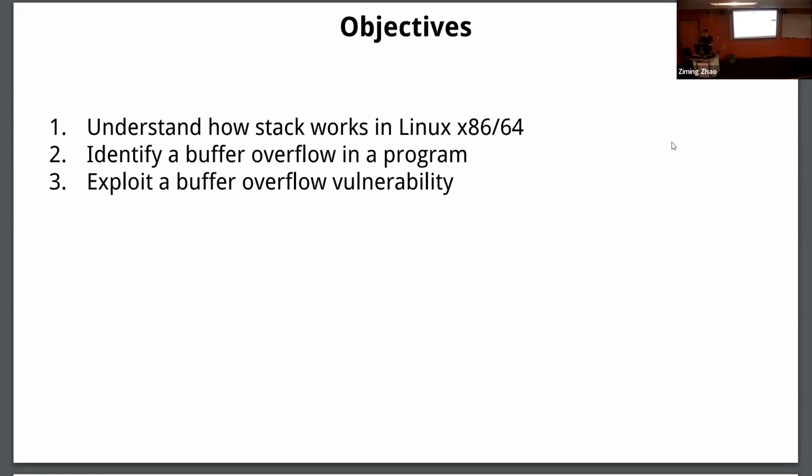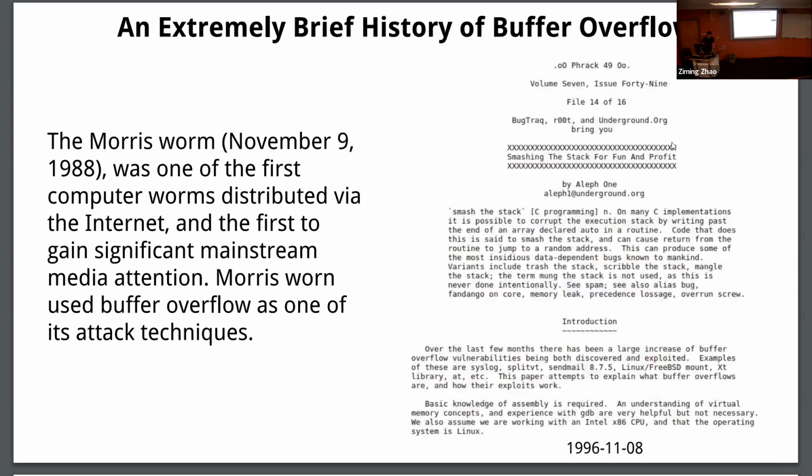Sometimes it's very tricky, okay? Sometimes it's not that obvious, but at least for this class, the examples I'm showing you are quite obvious. Then you should be able to exploit those vulnerabilities and get the flags, right? That's the goal.